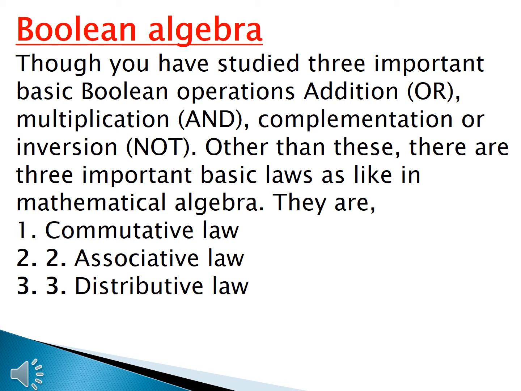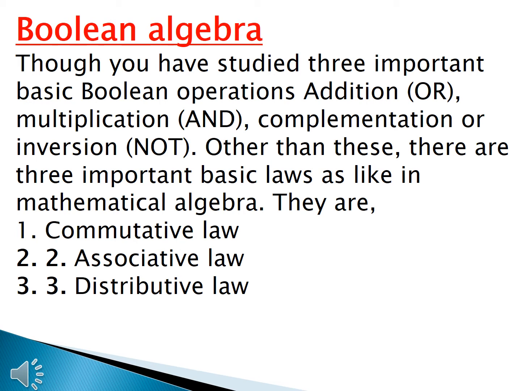The output is B into A, and the result is AB equal to BA. A into B equal to B into A. This is the commutative law in multiplication.